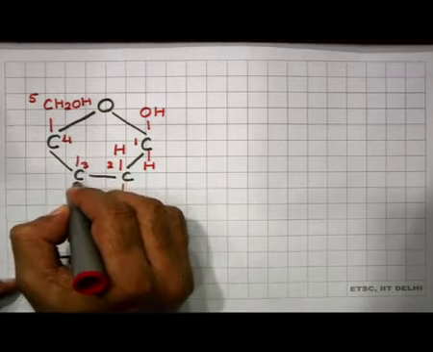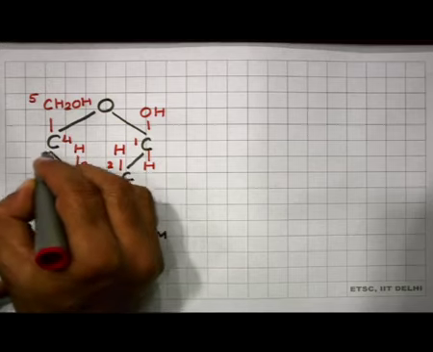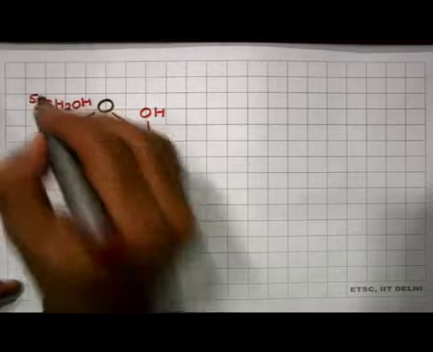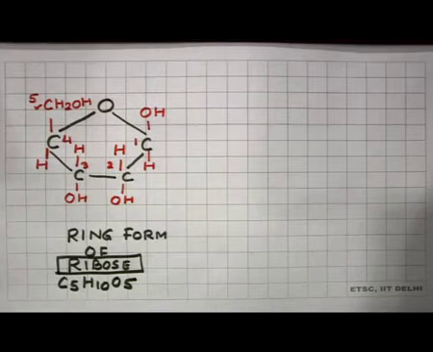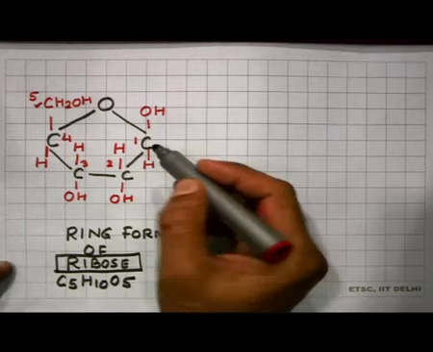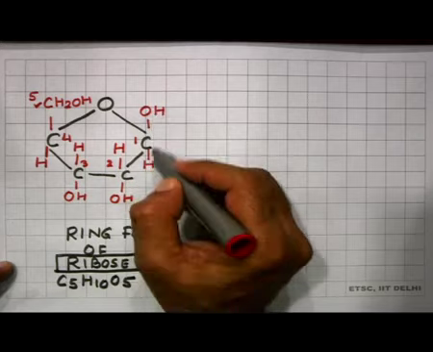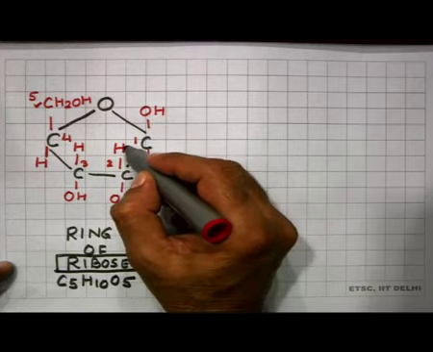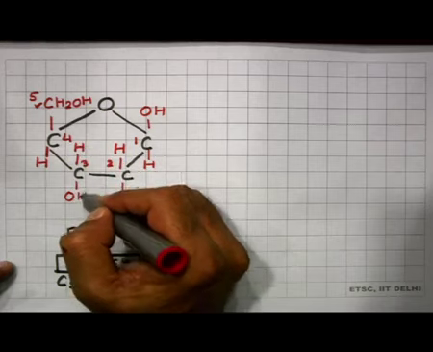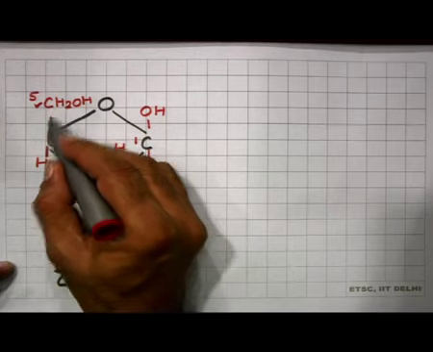At the third position, it is also H, OH. Here is H, CH2OH. So, when we know the straight chain structure, we can easily write it: at the first position OH, H, then H, OH, at the third position also H, OH, and at the fourth position H and CH2OH above the 4.